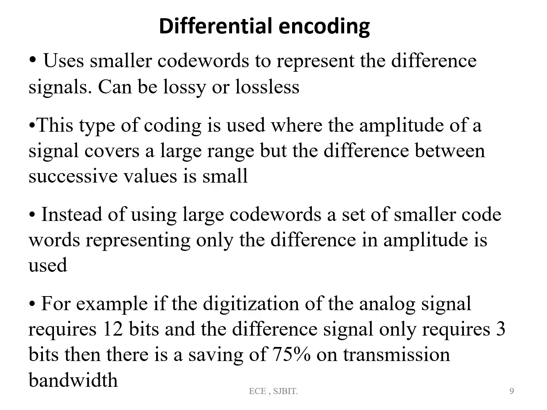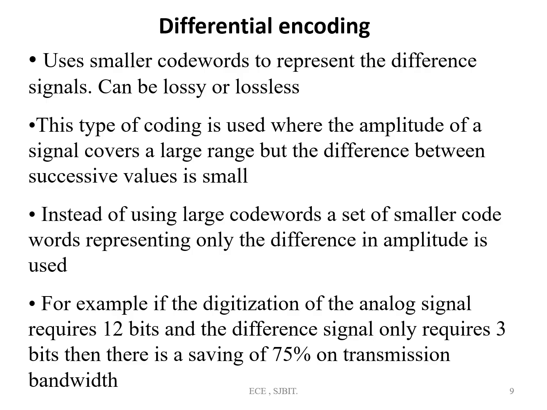The next type of encoding is differential encoding. In differential encoding, we make use of smaller code words for representing the different signals. It can be either a lossy or a lossless signal. This type of coding is used where the amplitude of the signal covers a large range, but the difference between successive values is very small.